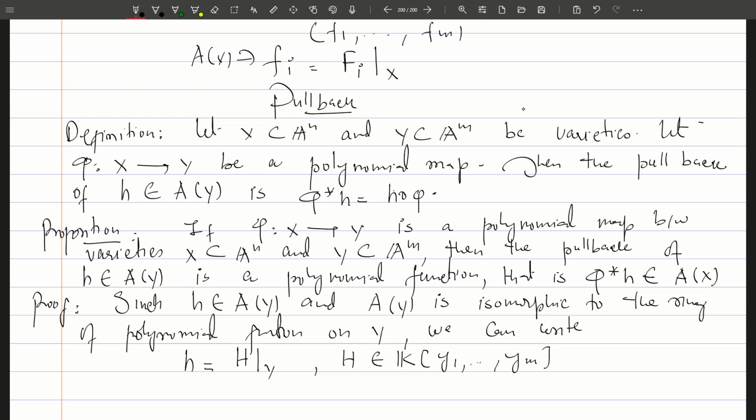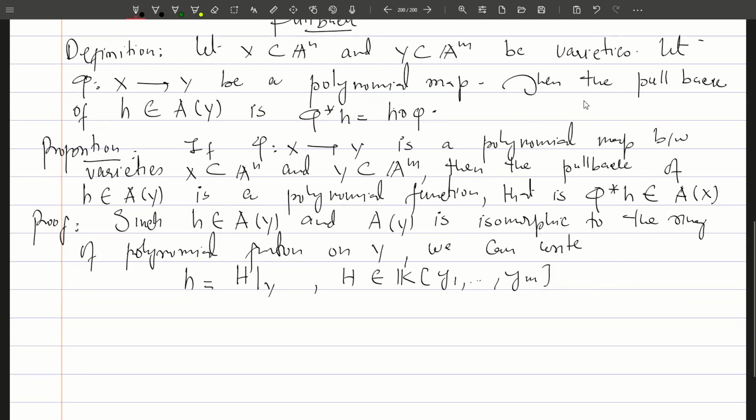So now this being a polynomial map, we can write this phi as an m-tuple of polynomials. So write phi equal f1 up to fm, where these fi's are polynomials in the polynomial ring k[x1 up to xn].